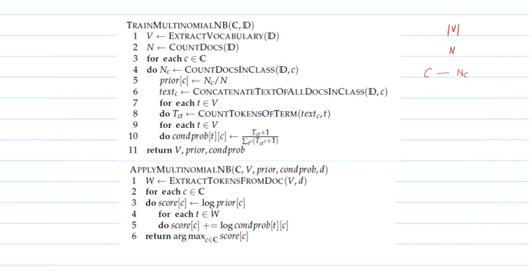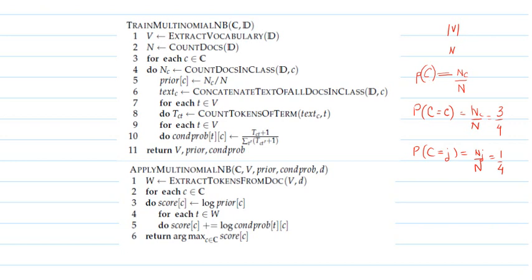So for a particular class C, the probability of a given document will be Nc upon N, right, which we can call the prior probability P of C as Nc upon N, or more specifically you can write this as P of class equal to C is equal to Nc upon N, and if class is equal to j, that is equal to Nj upon N. So in our case this is 3 and total documents are 4, and this is 1 and total documents are 4.